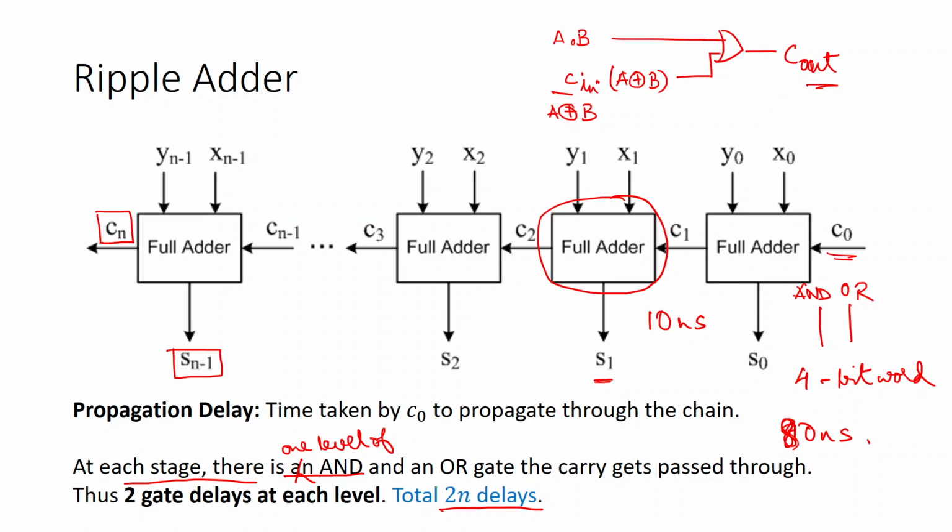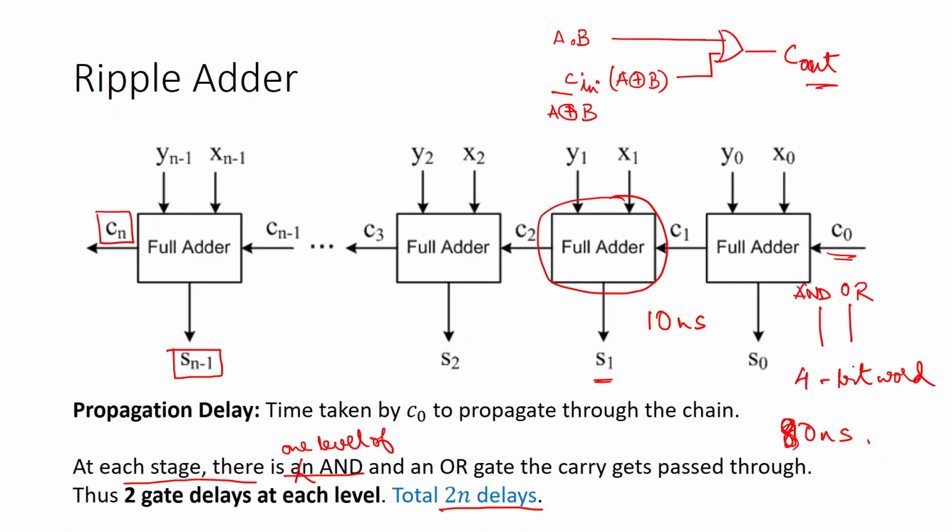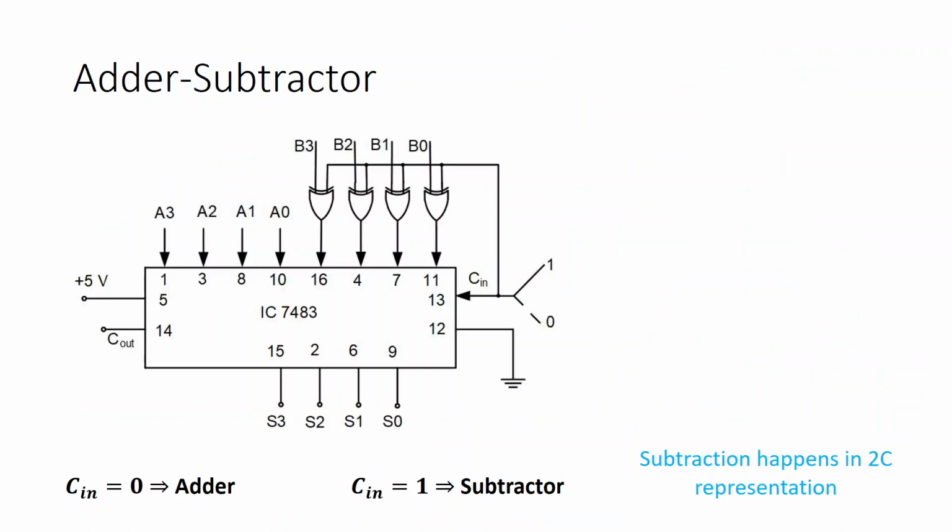So we will overcome this drawback, but before that we look into something called the Adder-Subtractor, where we use a 4-bit ripple adder. So this full adder, if your n is 4, then it becomes a 4-bit ripple adder, and that is a definite IC chip also, and you will do an experiment next semester on this.